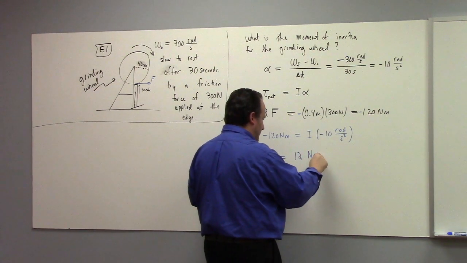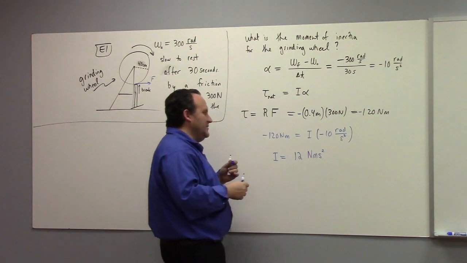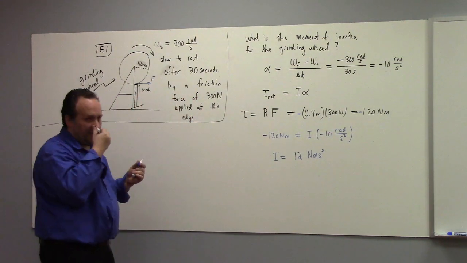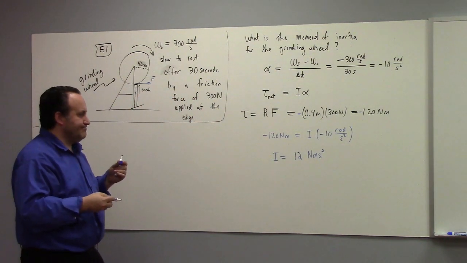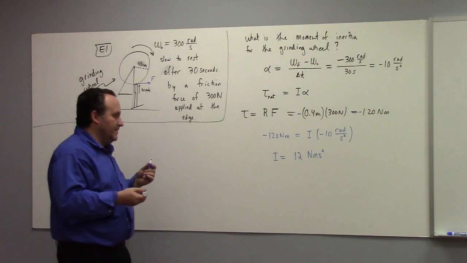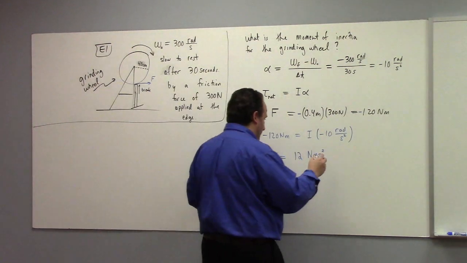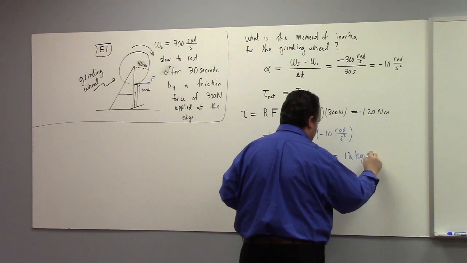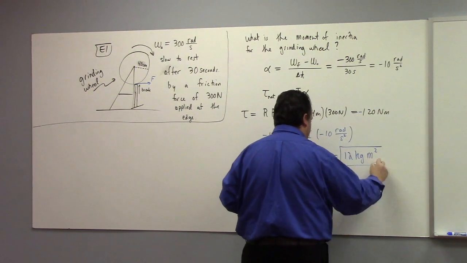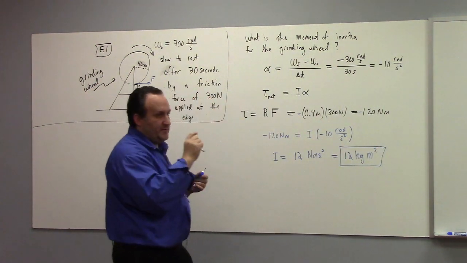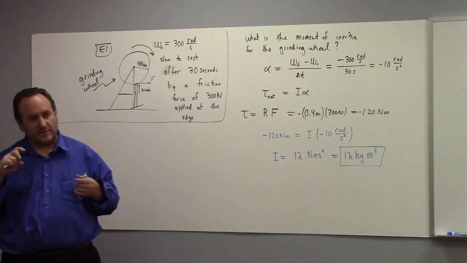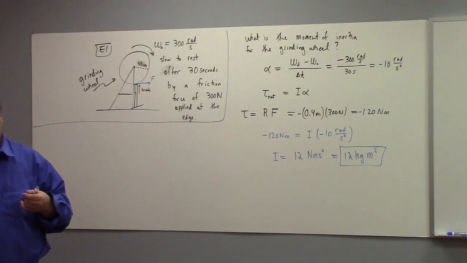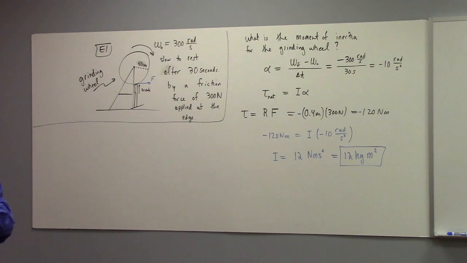What's that work out to? What is a newton meter times second squared equal to? Can you guys tell me? Kilogram meter? Right, this is 12 kilogram meters squared, right? Because the newton is a kilogram meter per second squared. The second squareds cancel, and we're left with that. That's the units for moment of inertia, right?